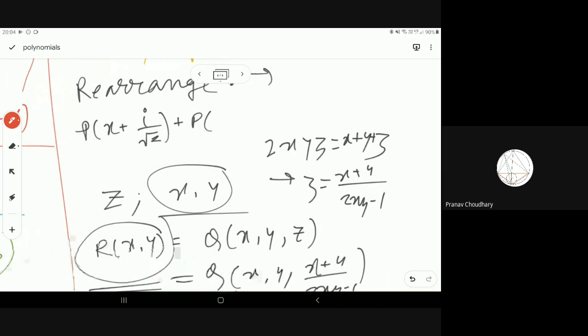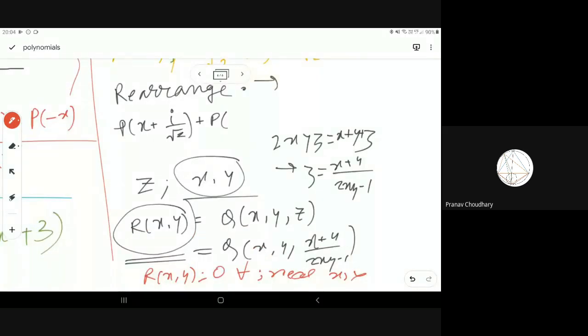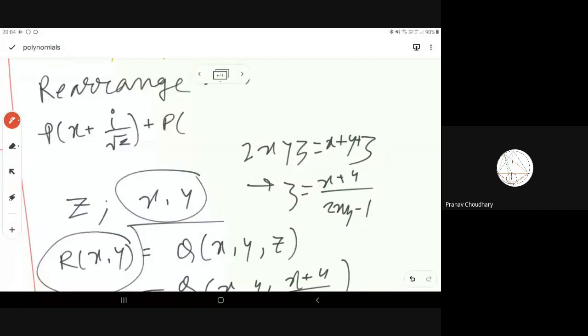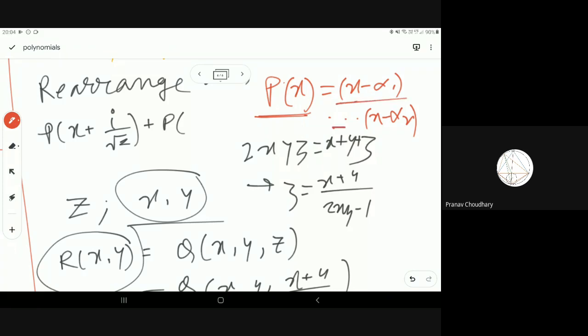But how do we get continuity in complex numbers? Because if we take norms... No, don't think like that. How to explain this? Suppose it was a complex polynomial p of x with complex coefficients, and it has a factorization x minus alpha 1, x minus alpha 2, up till x minus alpha n, right?